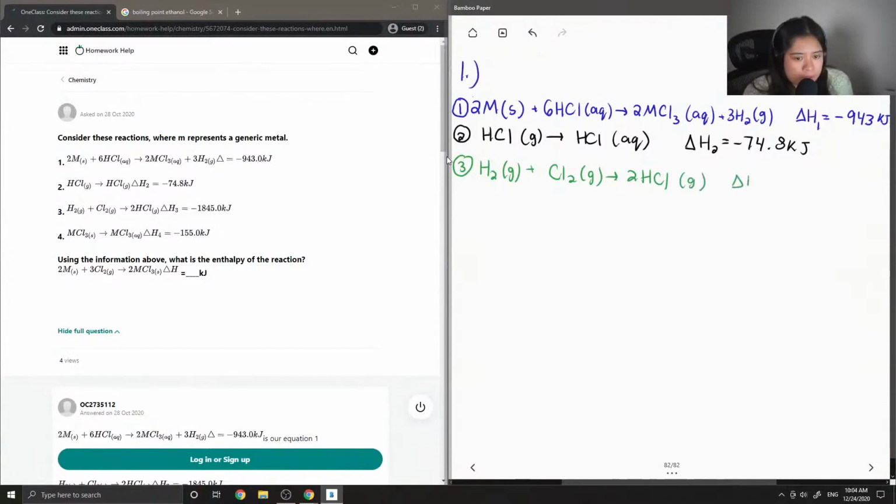And we want all of the coefficients to match as well with our desired reaction. Okay, so I'm on the last reaction.